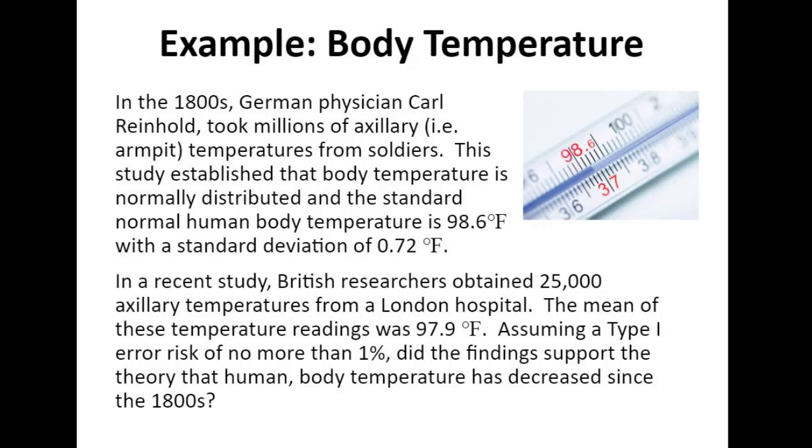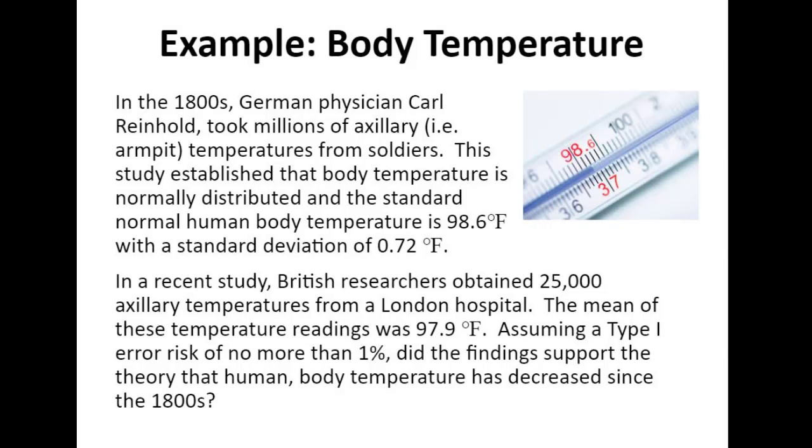So let's go back and read the question again. In the 1800s, German physician Karl Reinhold took millions of axillary temperatures from soldiers. This study established that body temperature is normally distributed, and the standard normal human body temperature is 98.6 degrees Fahrenheit with a standard deviation of 0.72 degrees Fahrenheit.